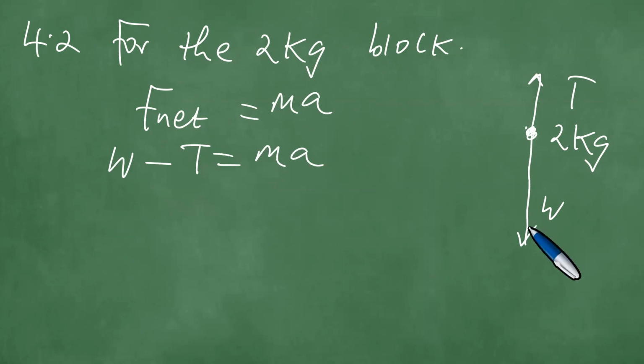Because the weight is bigger than the tension, the 2 kg is going down and the 1 kg is going up.